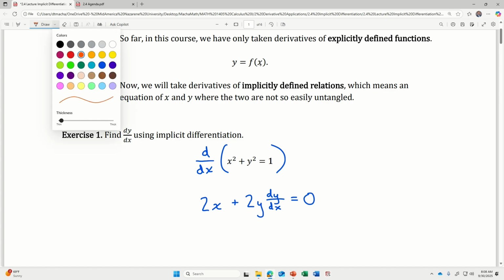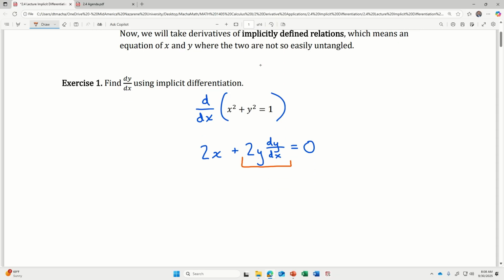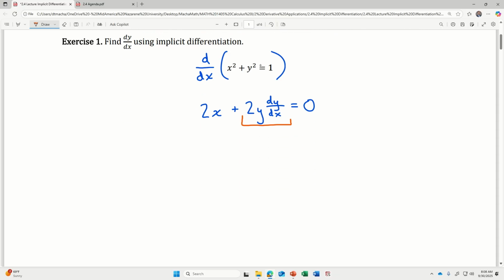So this is the new part, right? And I have to explain what's happening here. You said it's multiplied by dy over dx? Yeah, that's 2 times y times dy dx.